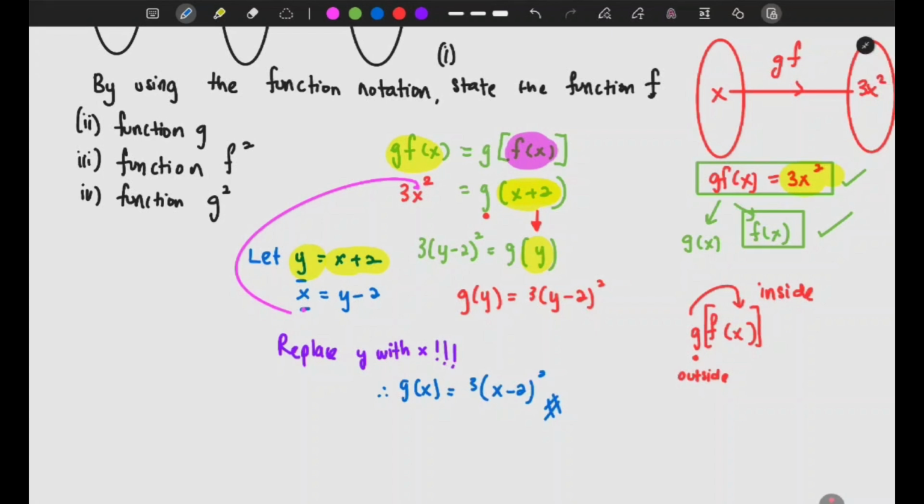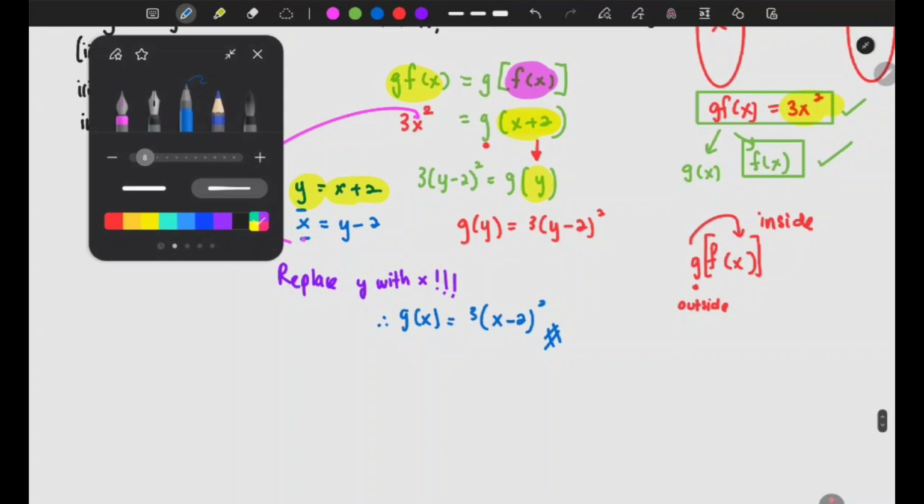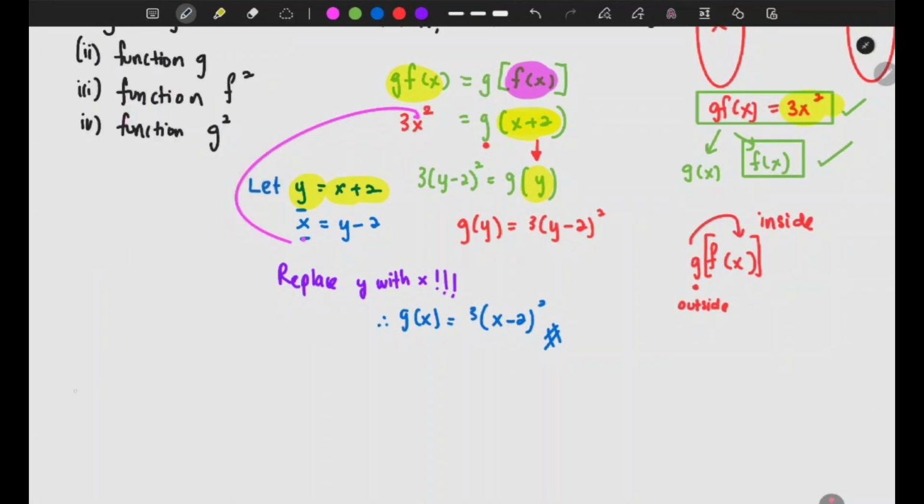Now let's go to the third question, which is function f squared. Which means you need to find f squared of x. How do you find it? Okay, f squared x means f squared. What does f squared mean? f times f, isn't it? So another way I can write is ff, right? This is how I should write ff(x).